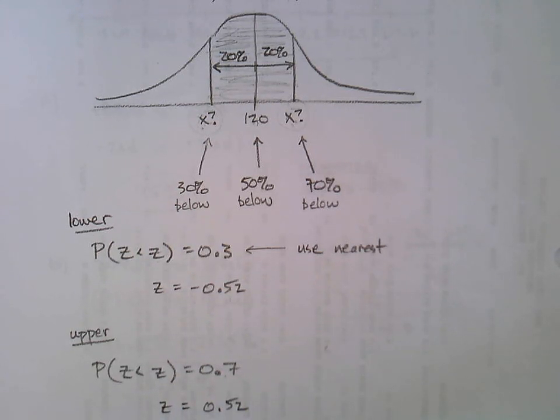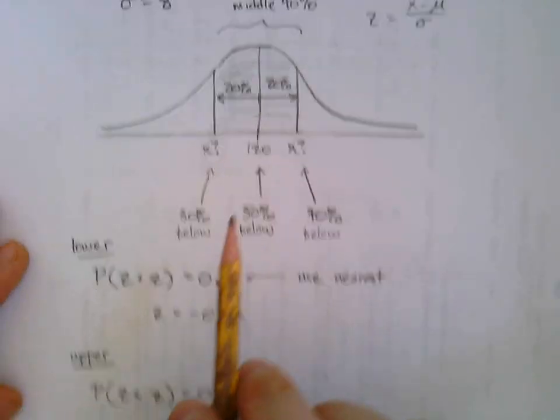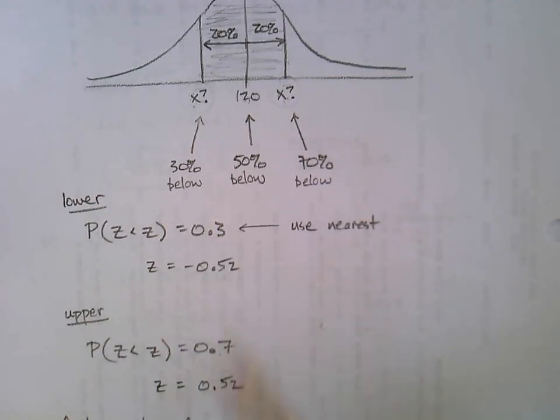So in the future, if you're doing a problem like this and you find one of them, then you can immediately know the other one by either removing or adding a negative sign. If it's a middle percentage like that, one will be positive, one will be negative, but the number is the same. The distance from the center is the same.